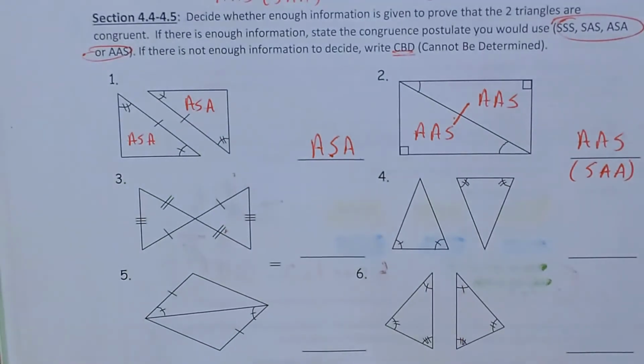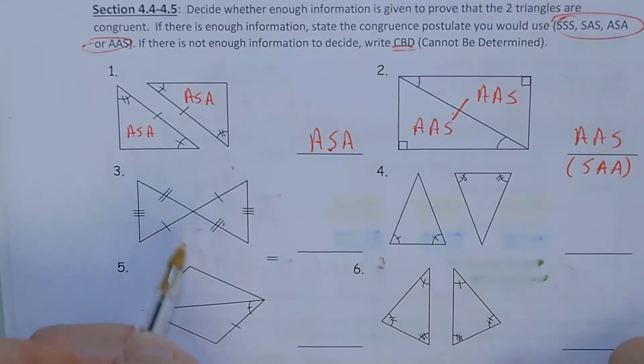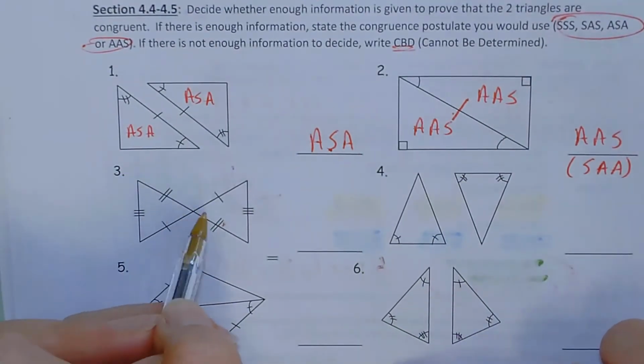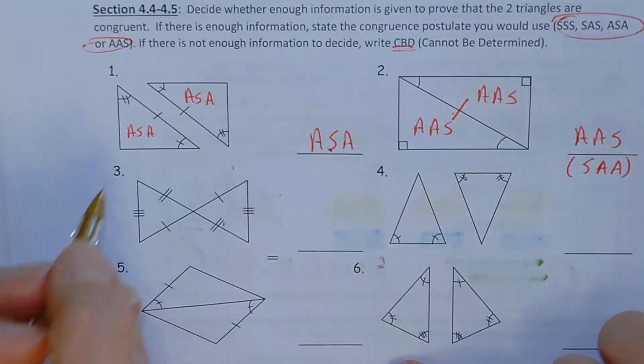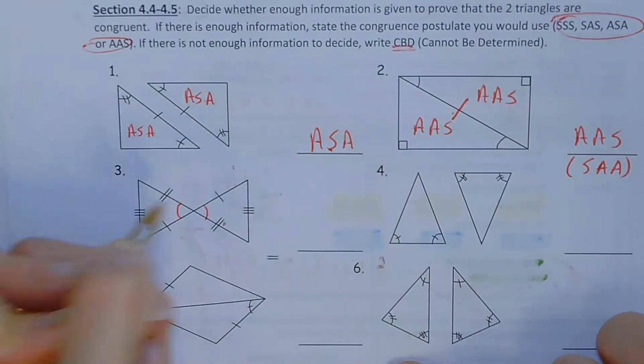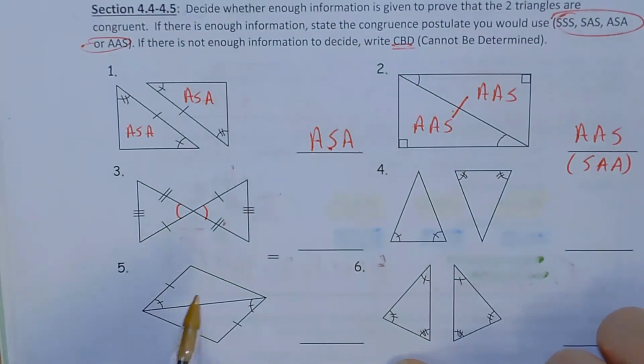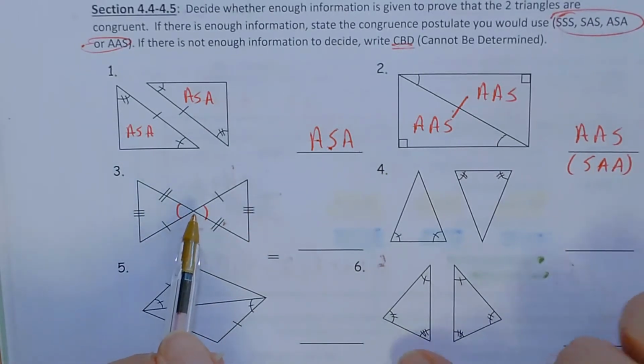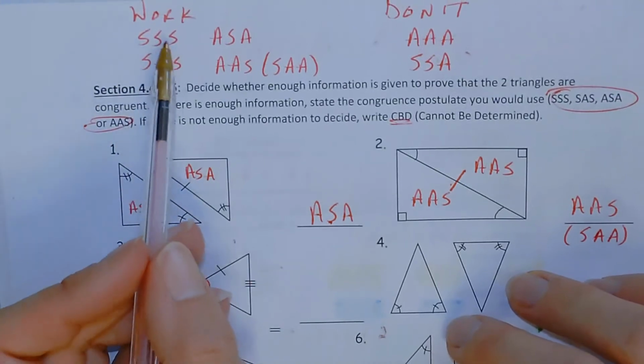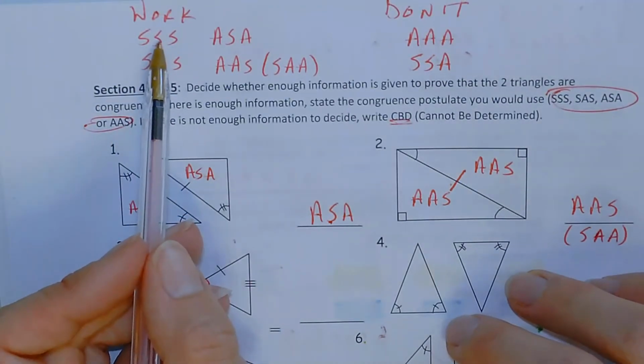Okay, go to number 3. So I call this a bow tie picture because it looks like a bow tie, and we have vertical angles in a bow tie. So I want you to go ahead and mark the vertical angles. That's by VOC. Now we're going to see if we have enough to say that these are twins. Well, we have different options. Actually, I wouldn't even need the vertical angles because if you look up here, you know that side, side, side makes them twins.